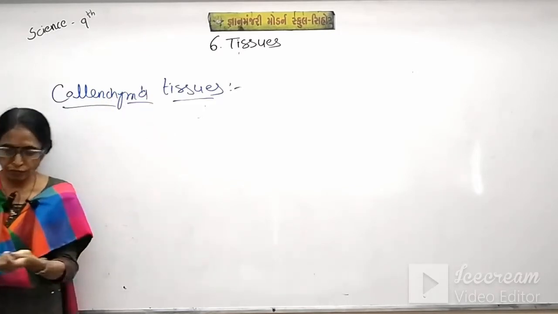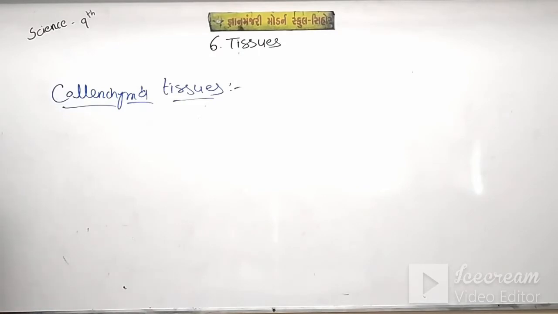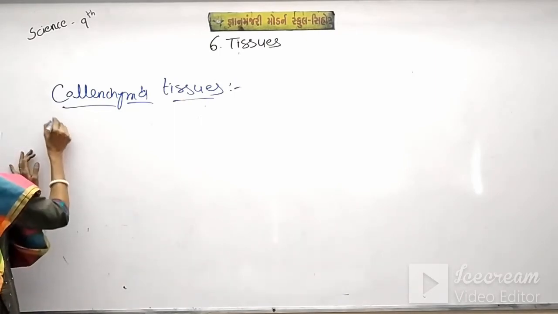Another type of simple permanent tissue. Okay. Collenchyma is a living tissue.